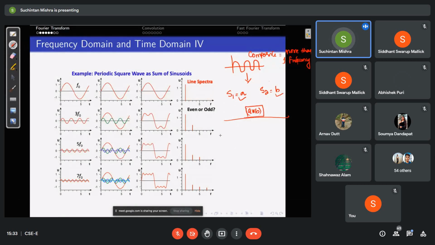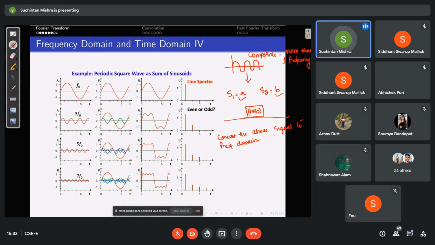Now, somebody asks you to convert the above signal to frequency domain. What is the tool to convert a signal in its time domain to frequency domain? That is the Fourier transform.